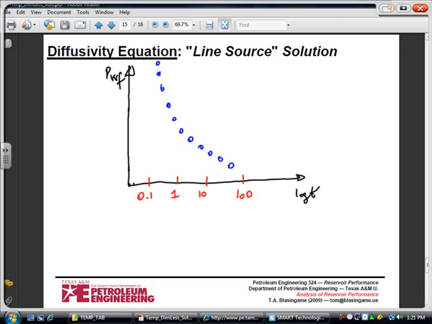Okay, so where is the infinite acting radial flow regime? Okay, tell me.